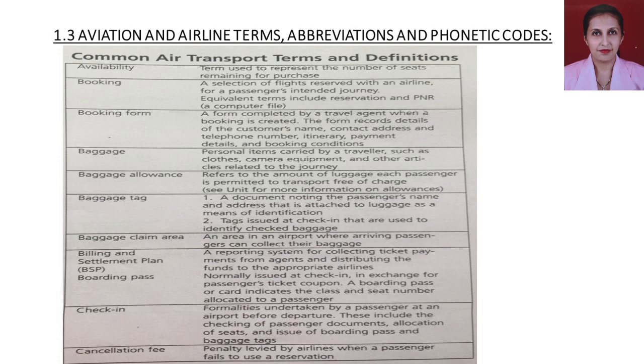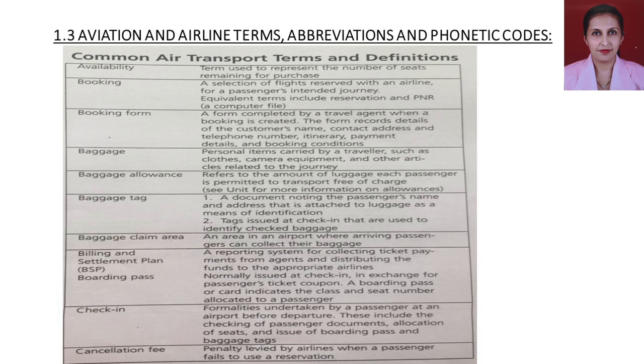So if they have a system in their software or in their laptop or PC, that system handles the money they get from selling the tickets. They sell tickets for Emirates, they sell tickets for Air India. Whatever money they get from Air India, they give to the Air India company in the form of this reporting system, and whatever money they collect from Emirates, they give back to Emirates Airlines.